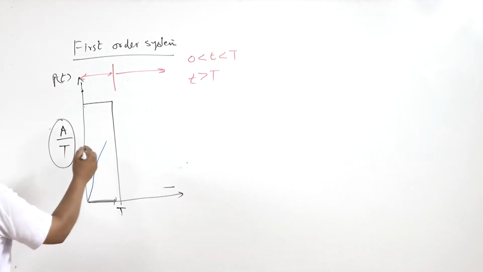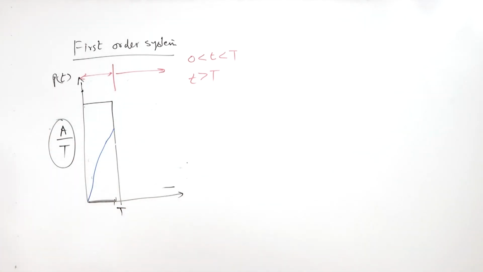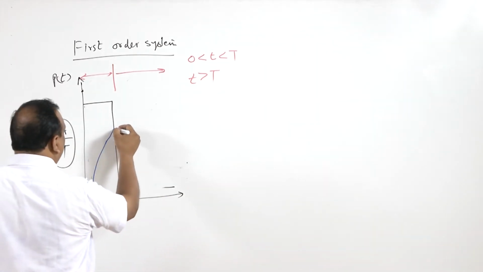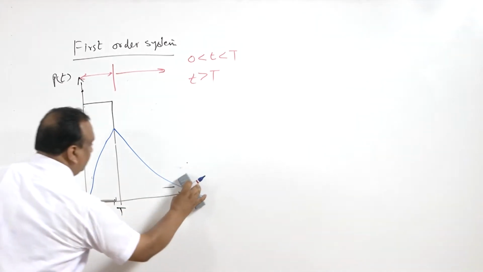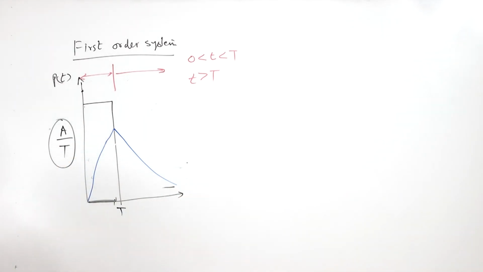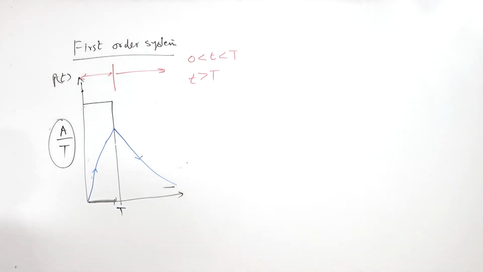Before it attains the final value, the input is removed and the system will again respond like this. It will not go below this. So it will rise and then again it will fall.